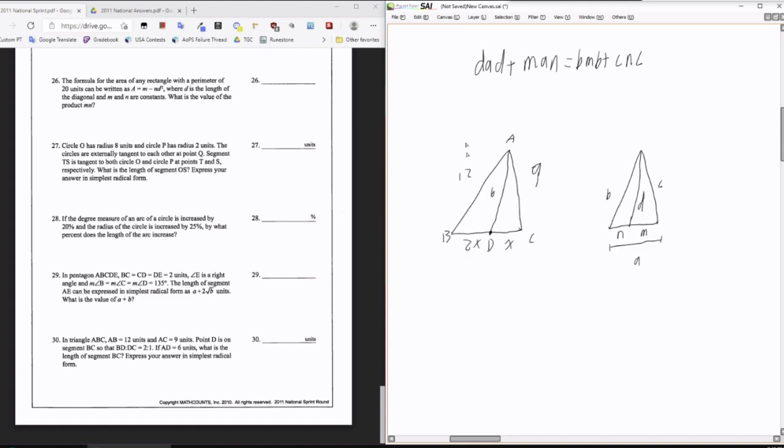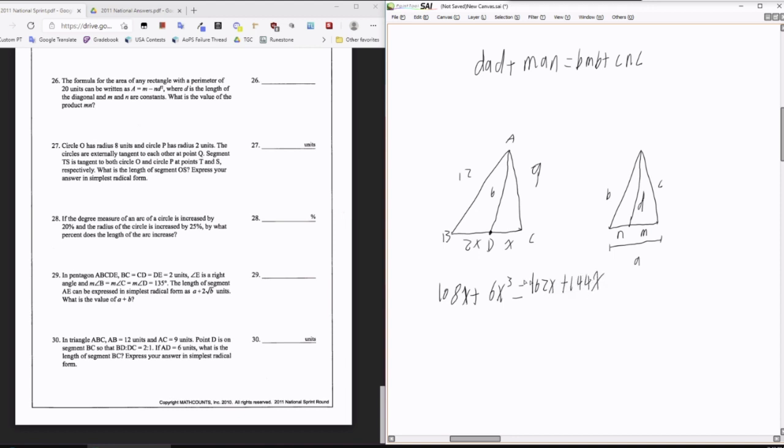So we do DAD, which is 36 times 3x, so that's 108x, plus MAN, which is 6x cubed, equals 162x plus 144x.